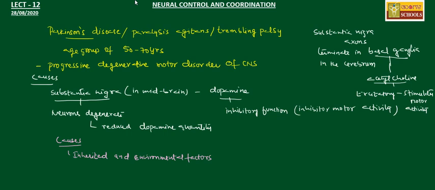Because of these, the disease can start in a person. And as I said, it takes time. It is a very progressive degeneration of these neurons in the substantia nigra that takes place over a long course of time. Now coming to the symptoms in this case.